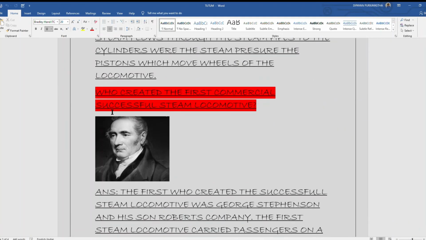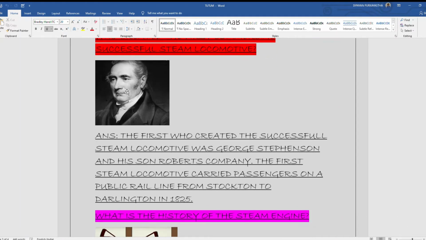So moving on to the next question. Who created the first commercially successful steam locomotive? This is a picture of George Stephenson and the Sons Roberts company. The picture of George Stephenson is shown here. You can see. So the answer to the question is: the first successful steam locomotive was created by George Stephenson and his Sons Roberts company.